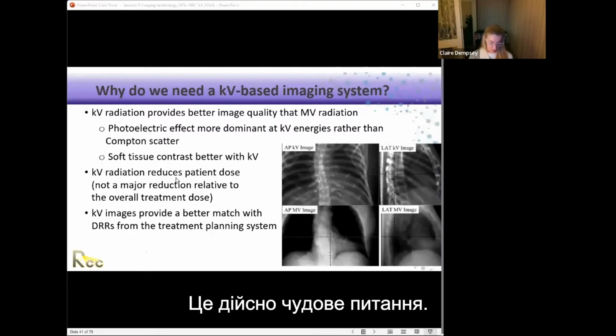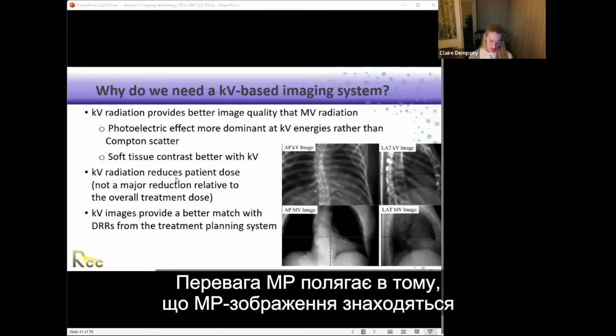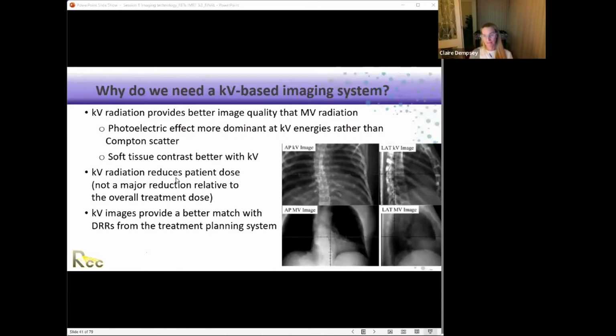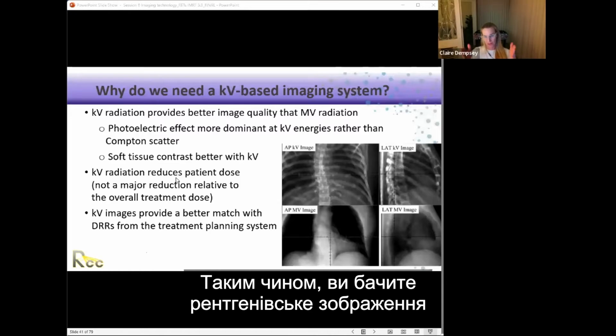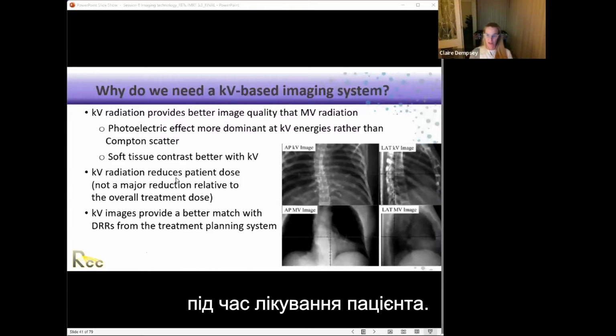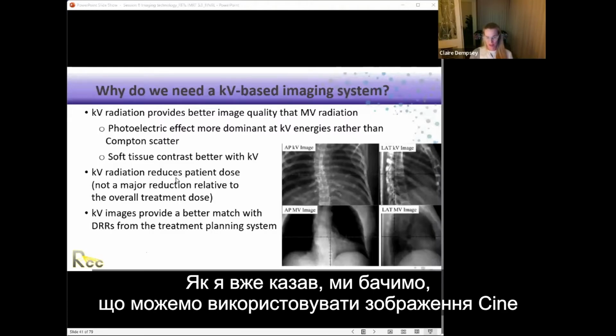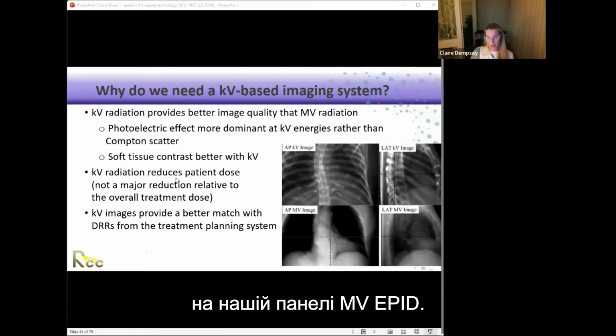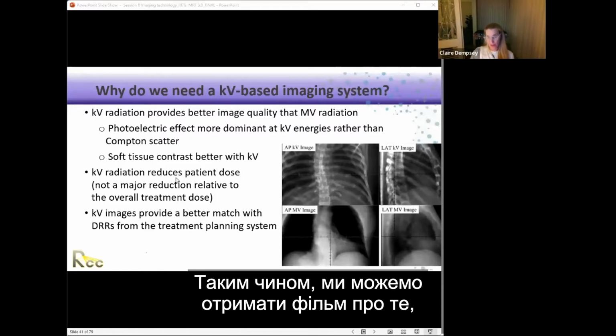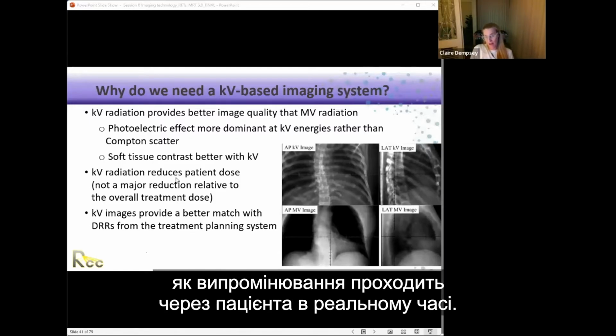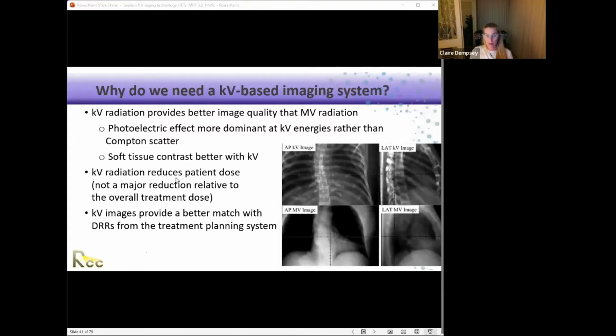That's a really great question. The advantage with MV is that MV images are in the plane of the treatment beam. So you are seeing the radiation image as you are treating the patient. Like I said, we can use cine images on our MV EPID panel, so we can actually get a movie of how the radiation is passing through the patient in real time.